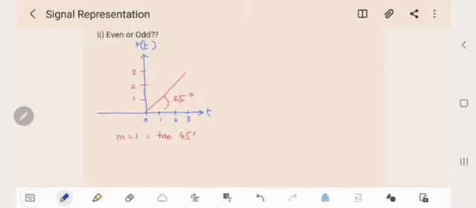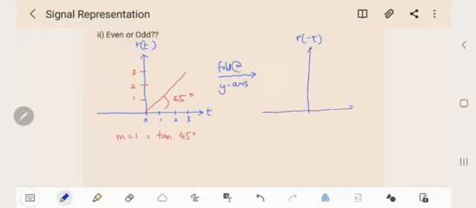We want to determine whether our ramp signal is an even or odd signal. So this is our ramp signal. To determine whether it is an even signal, we look at r(-t). To obtain r(-t), we have to fold the r(t) signal at the y-axis.